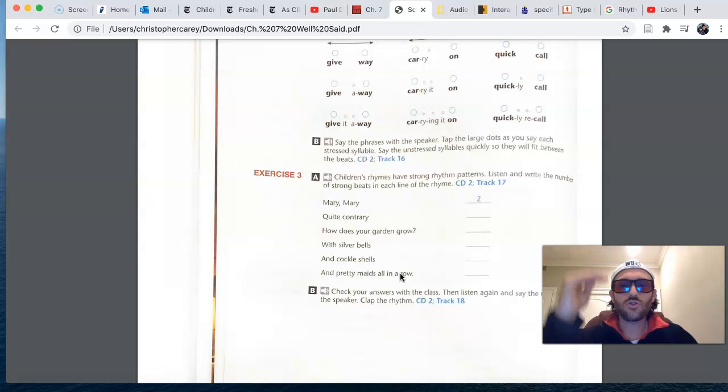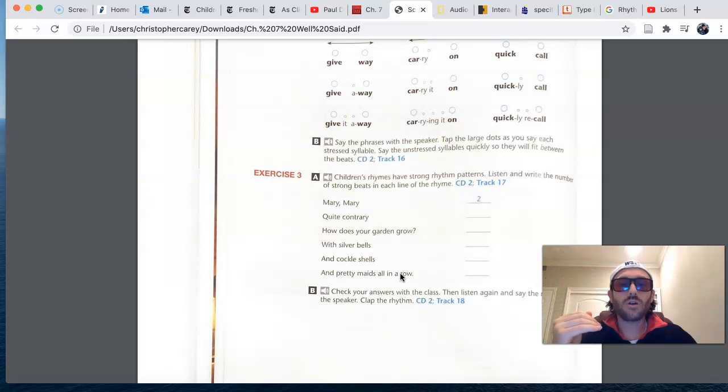Quite contrary. 2. Quite contrary. How does your garden grow?